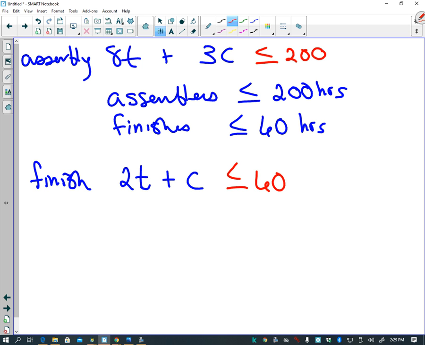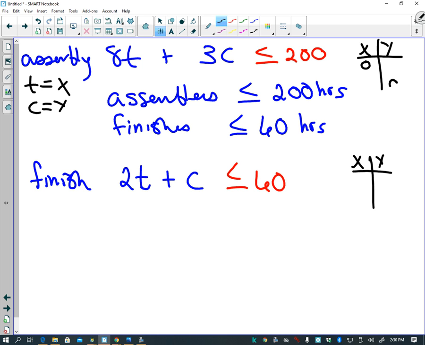So what I would do with each of these is find out what my x and y intercepts are. So let's treat t as an x and let's treat c as y. Can we do that? If I want to know what the y-intercept is, I'm going to plug in 0 for x.